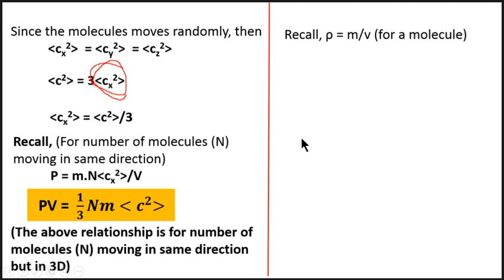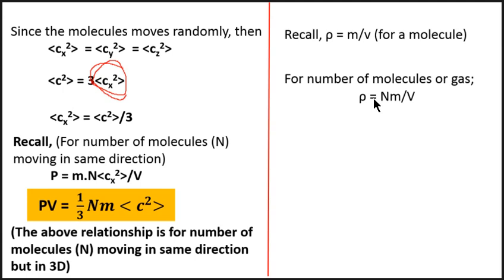And if we are considering one molecule, density rho will equal m over V. But for more than one molecule or gas, I will be having rho, which is density, equals number of molecules times mass, then all over volume. All I just did is to multiply the density for each molecule by the number of molecules I have.